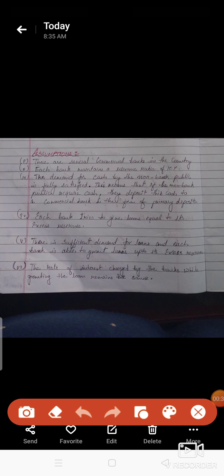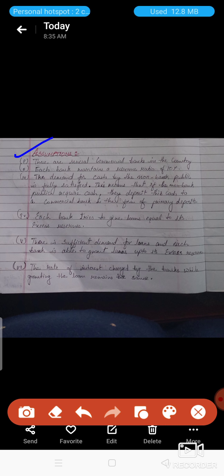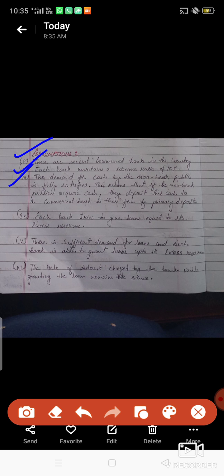The assumptions are: first, there are several commercial banks in the country, so we have to assume that there is not only a single bank but there are many commercial banks in the country. Second, each bank maintains a reserve ratio of 10%. So now assume that every bank keeps a reserve ratio of 10%. Third, the demand for cash by the non-bank public is fully satisfied.